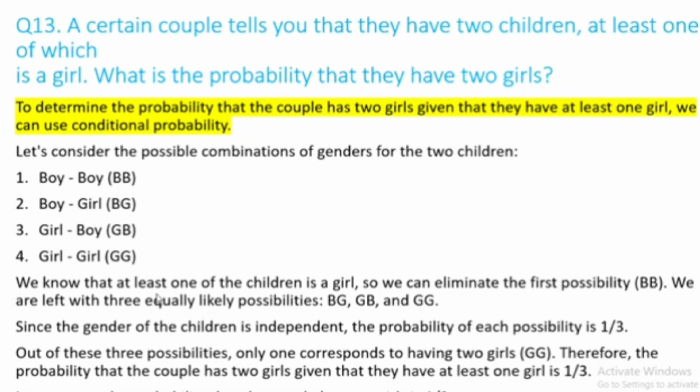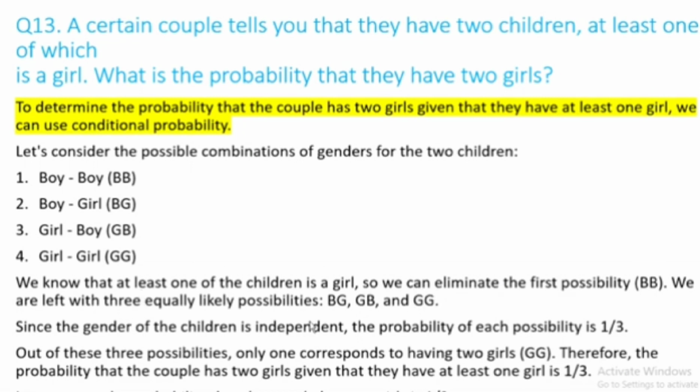We know that at least one of the children is a girl, so we can eliminate the first possibility, that is boy boy. We are left with 3 equally likely possibilities, that is boy girl, girl boy and girl girl.